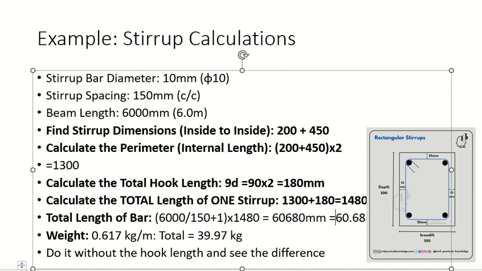This divided by this, right? 0.617 divided by this. This will be in kilogram per meter cube.